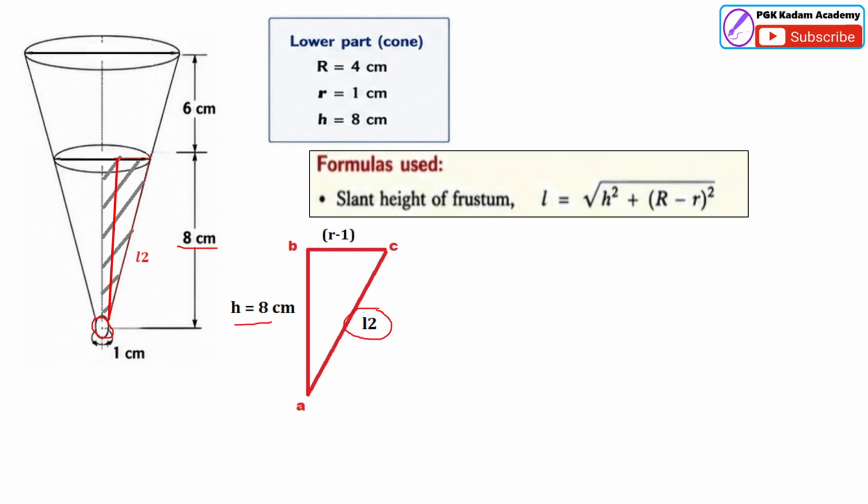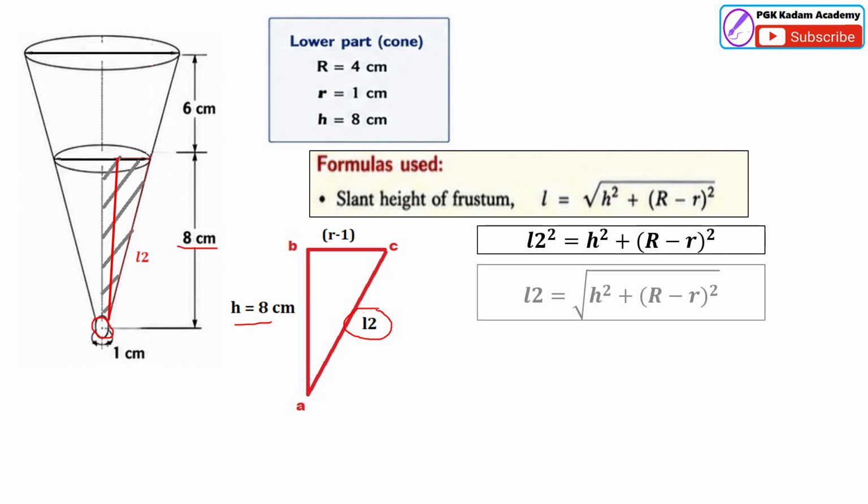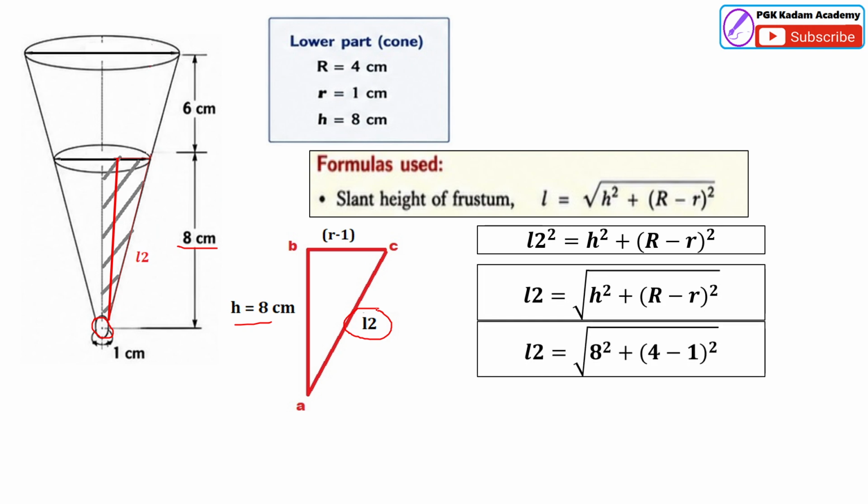In a similar way, by the formula of geometry, triangle ABC, L2 squared is equal to h squared plus the bracket R minus r squared. Here this L2 we can write directly by putting the value of h. Capital R is 4, small r is 1 centimeter.